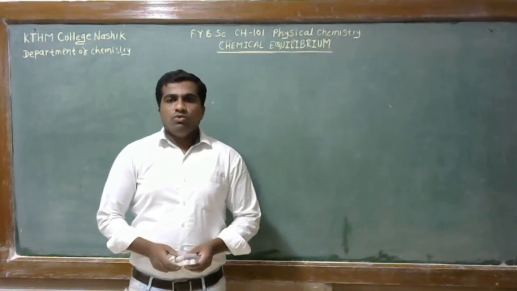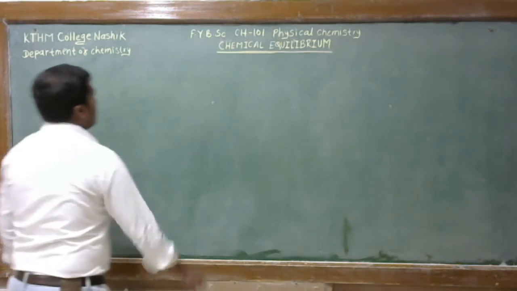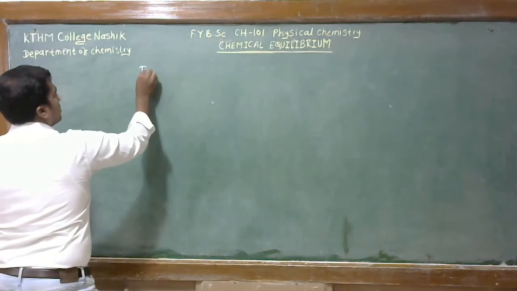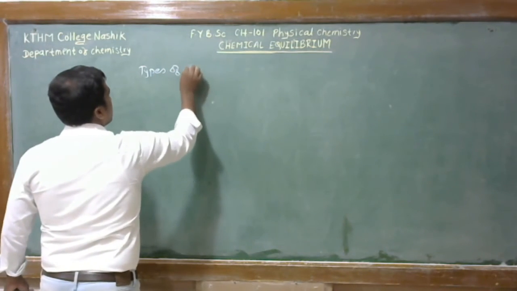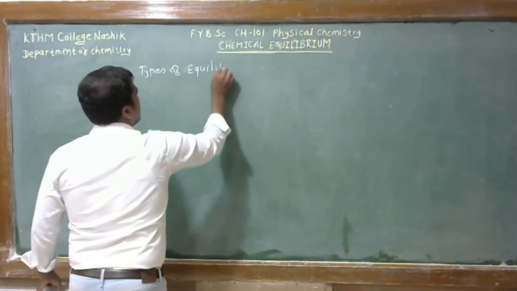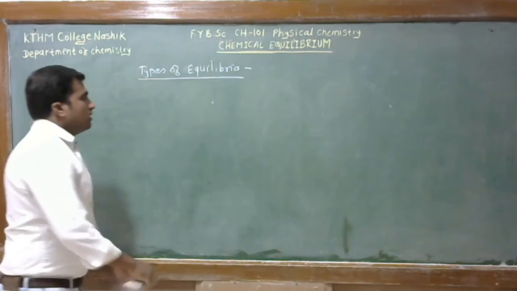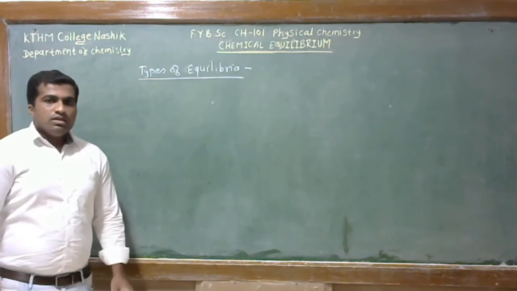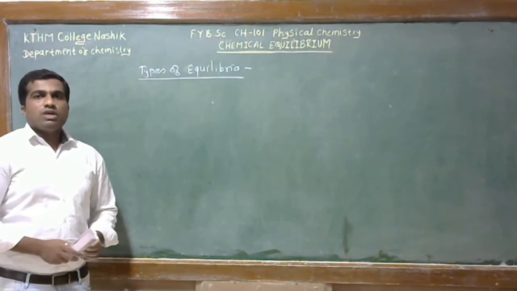Okay. Now let's move to another topic, that is the types of equilibrium. Generally, the chemical equilibrium is divided into 2 types.